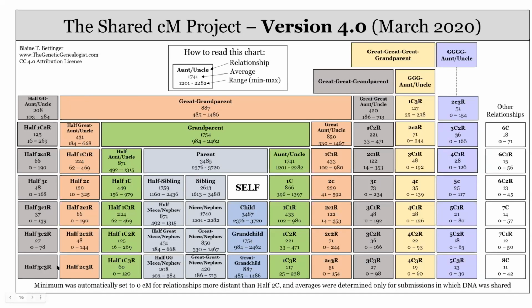Half cousin obviously being where an ancestor, at least in the older generations, one member of the family died and the other one remarried and had more children.